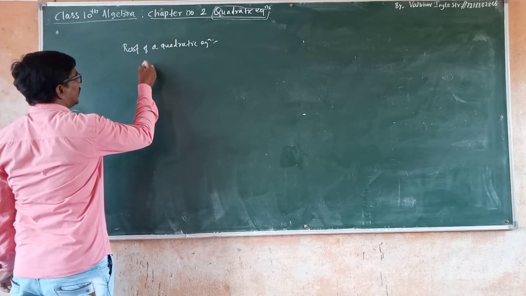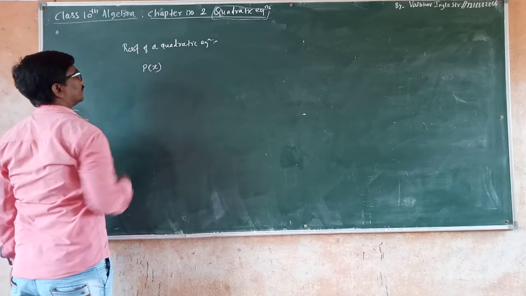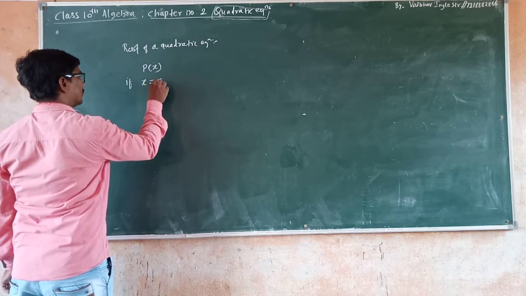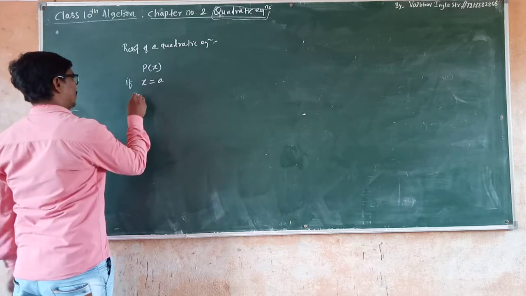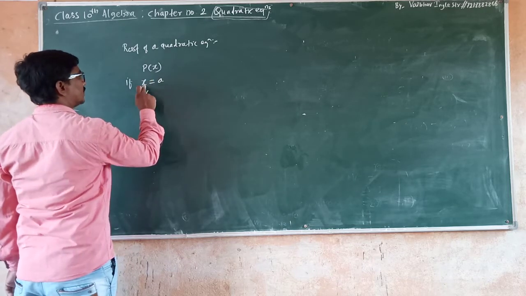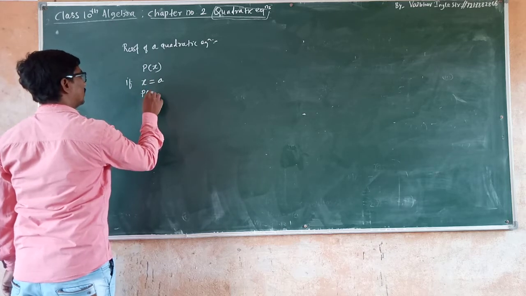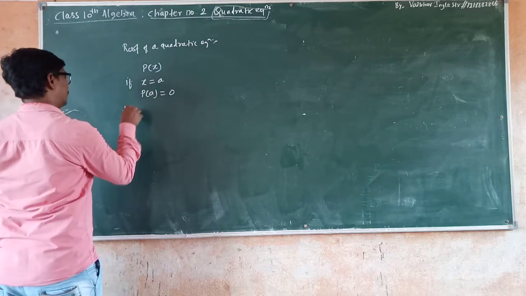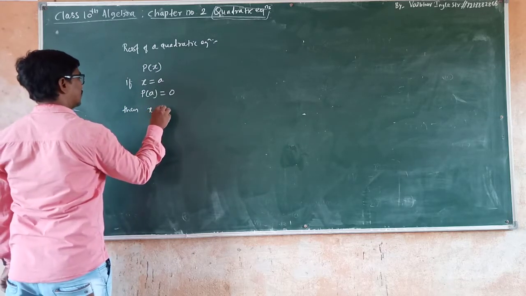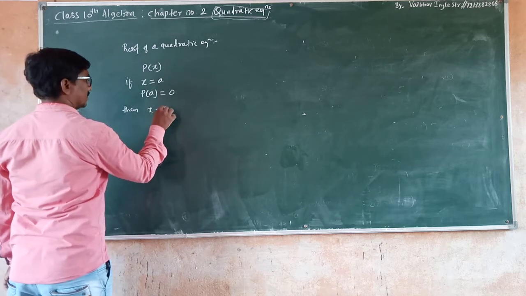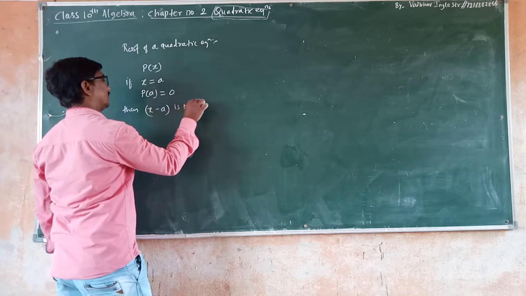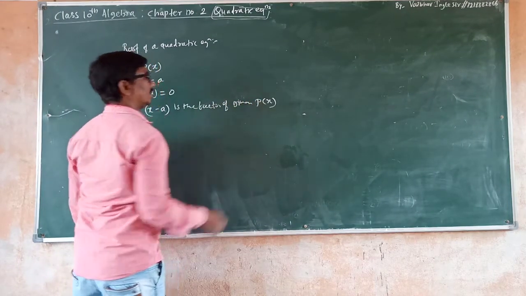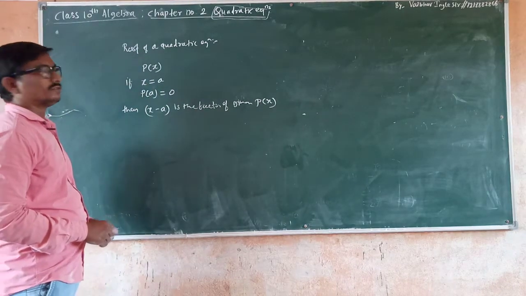For any given polynomial in x, if I put x equals a in the polynomial and its value comes 0, then x minus a is a factor of the given polynomial in x. Okay, we have seen this.